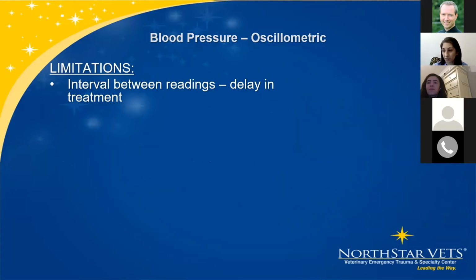There's also the flip side: if the interval is set too frequently, you can cause ischemia to that animal's limb because of the constant squeezing of that cuff. And so you could potentially cut off perfusion to that leg. So not only will the readings be off, but now you may actually be causing some issues to that animal if they're set too frequently.